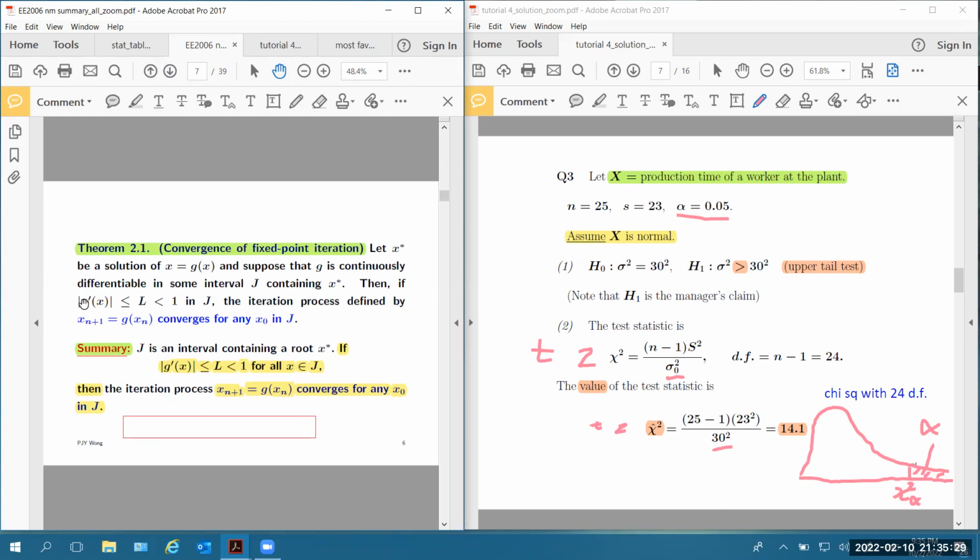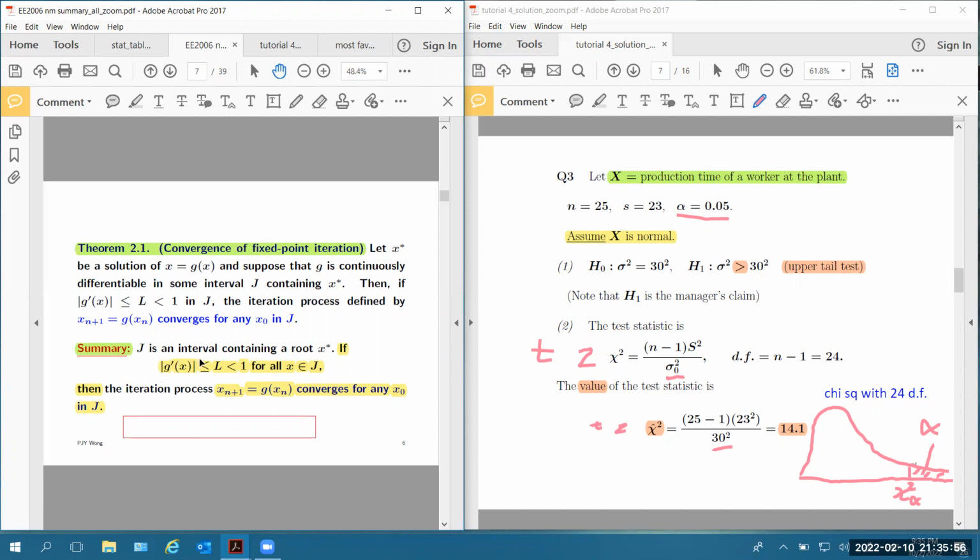Then if you have such an inequality, |g'(x)| is less than or equal to a constant L, and your constant L is less than 1 inside your interval J, then our iteration process, which is this fixed point iteration, converges for any x0 in J. All right, now I know this is quite long, so let's summarize.